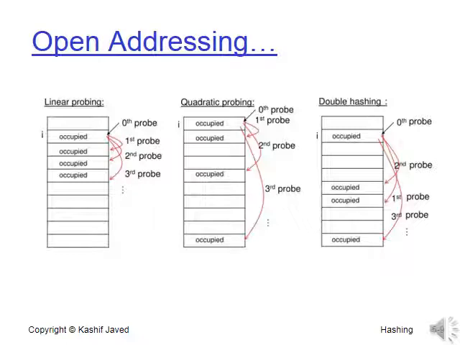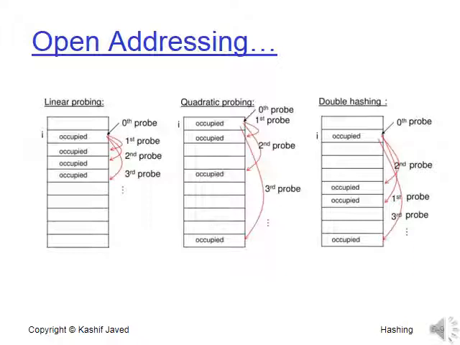As seen in the picture, linear probing tries to search for an empty slot at index i plus 1, which is the first try, then increments the sequence again by 1 and does a second try, further incrementing the sequence by 1 and does a third try, and so on.